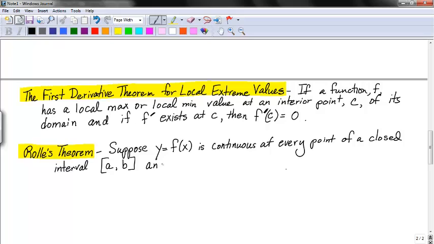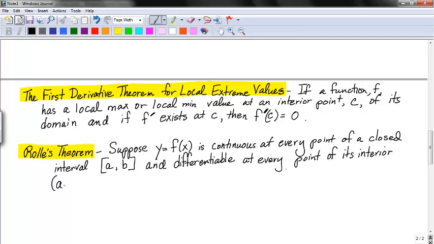And differentiable at every point of its interior, and they're using the open interval AB, and that means it's differentiable at every point in between. That means you can find the derivative at every point in between.